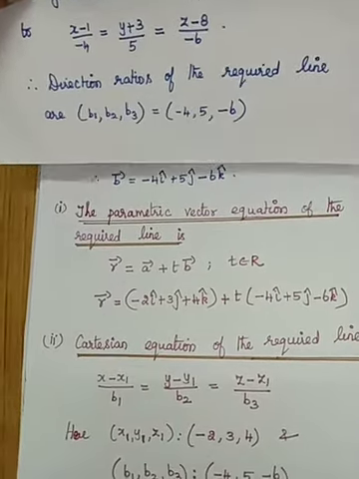There are the parametric equation, non-parametric equation and the Cartesian equation. For this problem, the Cartesian equation is convenient for the calculation. So we are going to consider the Cartesian equation. Two passing points are given. The Cartesian equation is x minus x1 by x2 minus x1, which is equal to y minus y1 by y2 minus y1, is equal to z minus z1 by z2 minus z1.